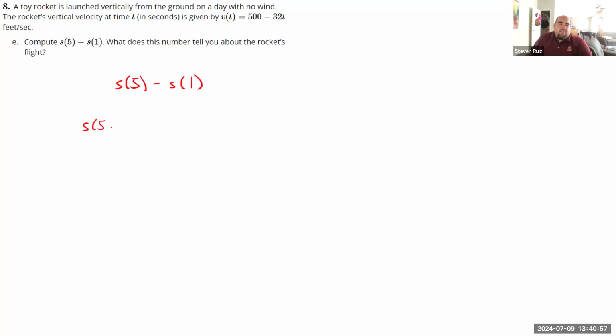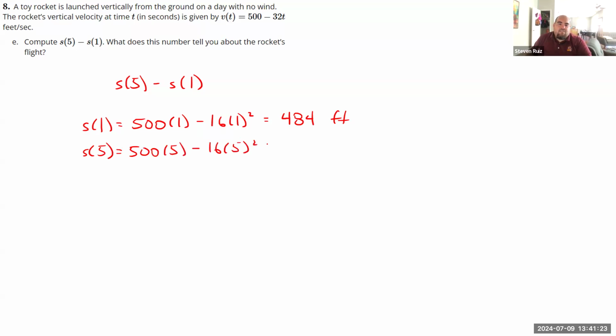So S of 1 is equal to 500 times 1 minus 16 times 1 squared, which is 484 feet. And then do the opposite thing. What is S of 5? S of 5 equals 500 times 5 minus 16 times 5 squared.